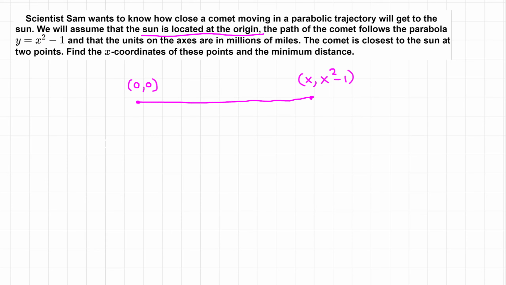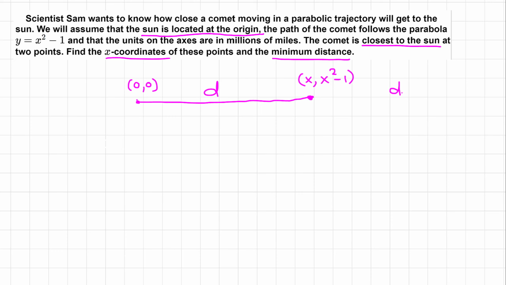So here is the distance. This distance changes as the x changes, and we are asked to find the x value for the minimum distance, which is closest to the sun. So we need to find the distance between these 2 points using the distance formula.